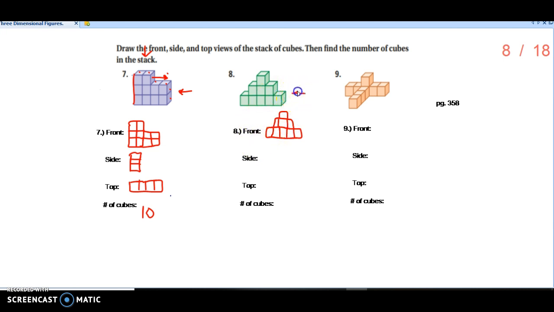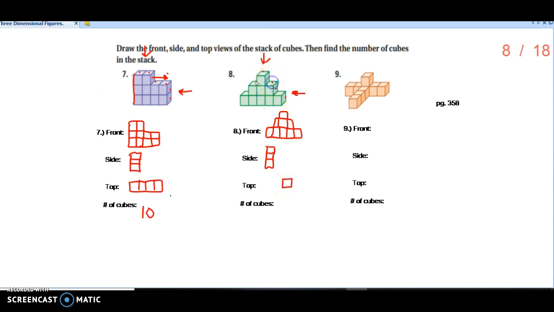Side over here, looking at it from this direction, we've got 1, 2, 3 that we see, all stacking up. Again, doesn't matter if they're pushed back or pushed forward. There's 3 of them that go up. And then top, looking at it from down here, we've got this one here. Okay, that would be our middle.